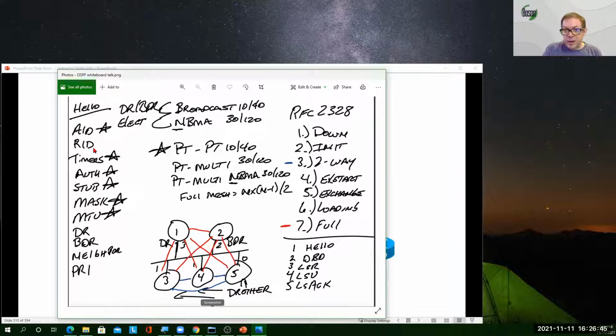If you didn't define the router ID by command, then it would look at all the interfaces on the router, preferring loopback interfaces. So if there are any loopbacks, the highest IP address on a loopback would be the router ID. If there are no loopbacks, then it would be the highest IP address on a physical interface. And those interfaces don't have to actively participate in OSPF to be chosen. They just have to be up.